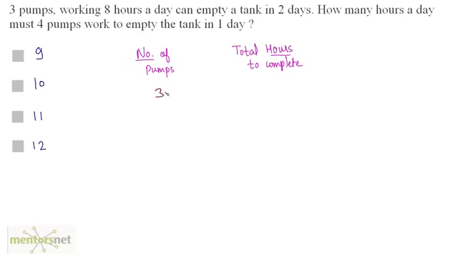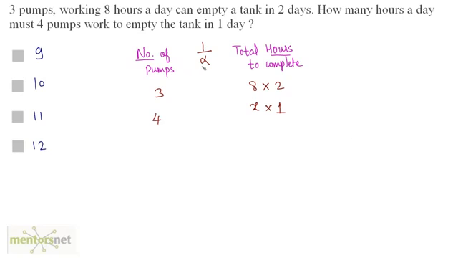So 8 times 2 will give you the total number of hours to empty the tank. Now we have 4 pumps working for 1 day and we have been asked how many hours a day will they take. So let the hours be x.